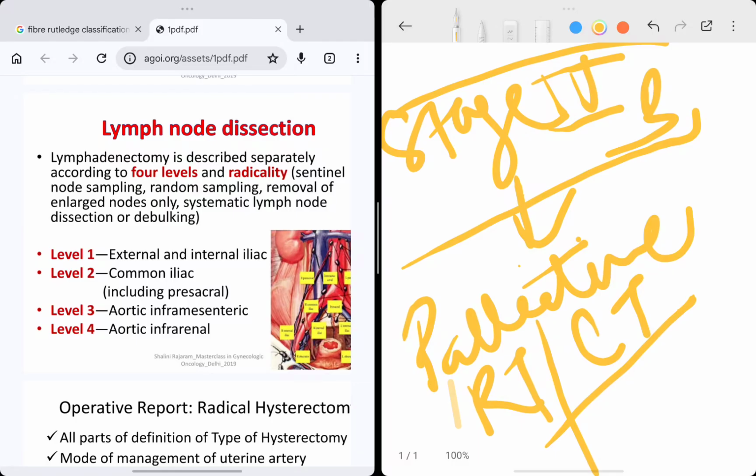So this is the treatment of cervical cancer according to the staging systems.